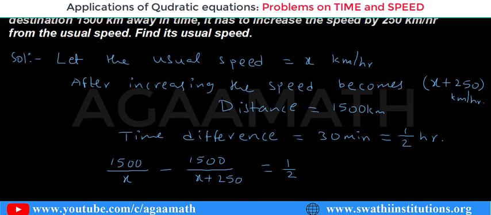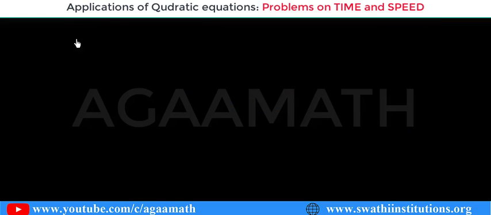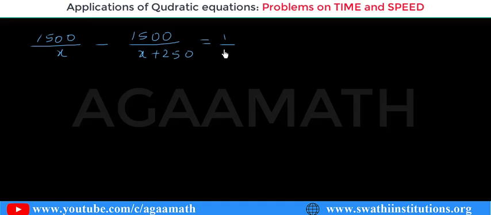Now let's go to the next. So remember that 1500 over x minus 1500 over x plus 250 equals half. So here I write the same equation: 1500 over x minus 1500 over x plus 250 equals half. When I simplify this, the denominator is x times x plus 250.